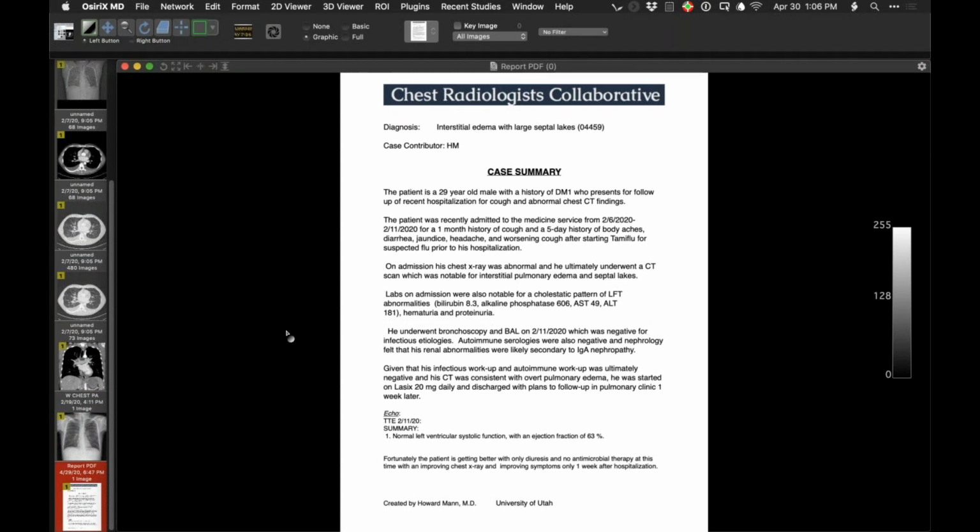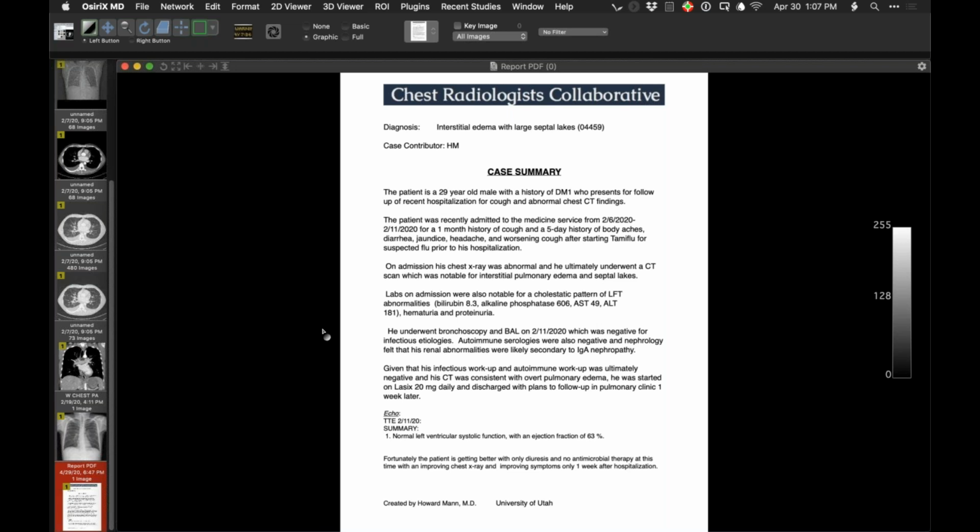He actually had bronchoscopy and the BAL. Everything was really negative, but he got better, and his ejection fraction was 63%. So I don't know what the etiology of the interstitial lung edema was. It got better, and really nothing else panned out.